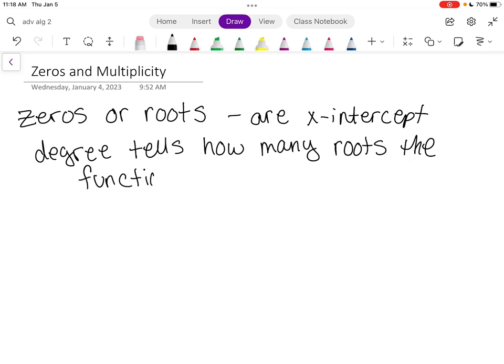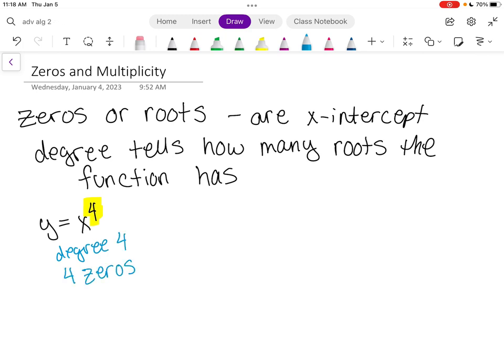Now, what we're going to look at today are real zeros, but the number of zeros is actually determined by the degree. So, for example, let's say I had y equals x to the fourth. This actually happens to be degree 4 because its highest exponent is 4. So this would be degree 4, and it would have 4 zeros or 4 roots, okay?